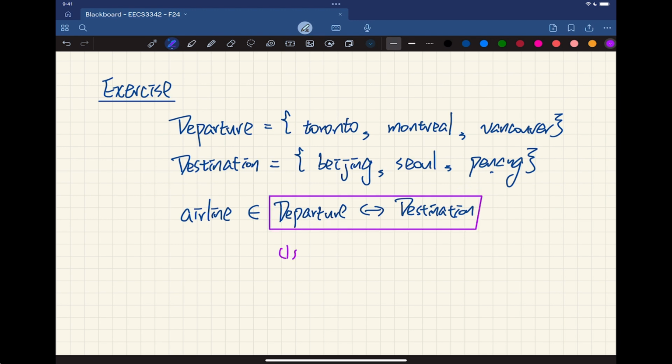Number 1, what's the cardinality? Number 2, you may want to enumerate. I will do number 1 with you. How about that? Guys, what's the cardinality of this? What's cardinality?